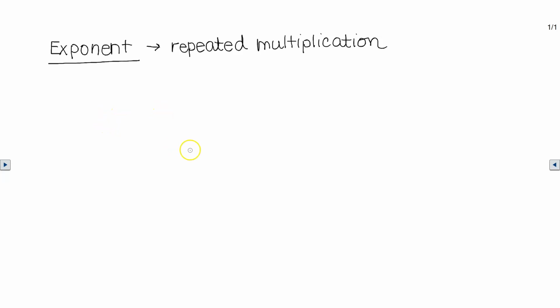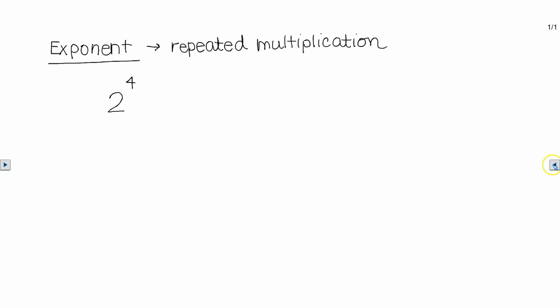So when we use an exponent, what we're saying is we want to take a number and multiply it a certain number of times. So you all are accustomed to seeing things like 2 raised to the 4th power.